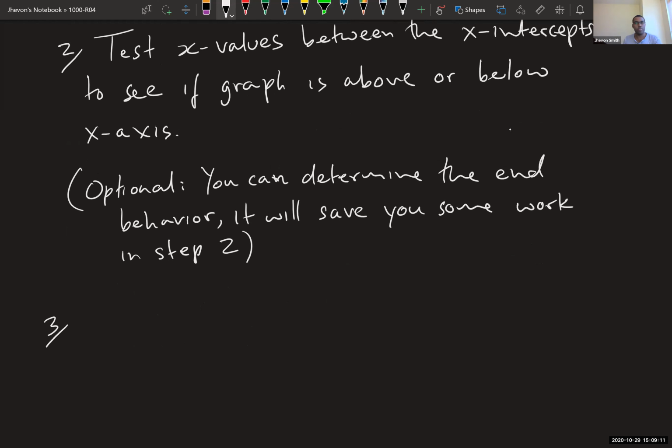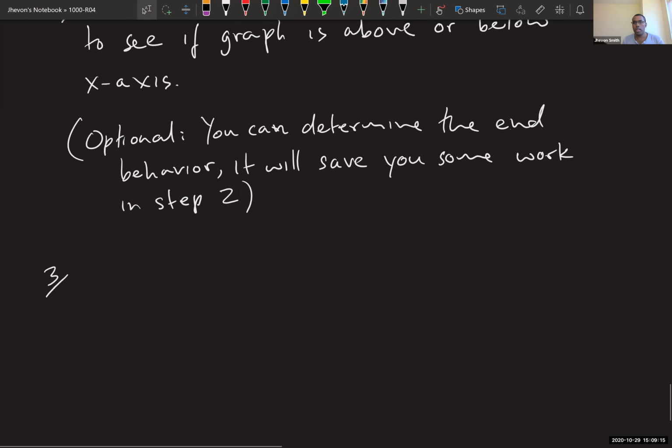What do you do? You plug in the points on the graph? Plug the zeros. Well, if you plug in the zeros, you know what you'll get. You'll get zeros. No, on the graph. Oh, you mean plot. Yeah. So plot the intercepts.